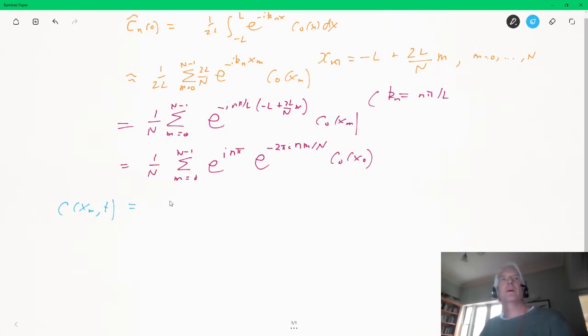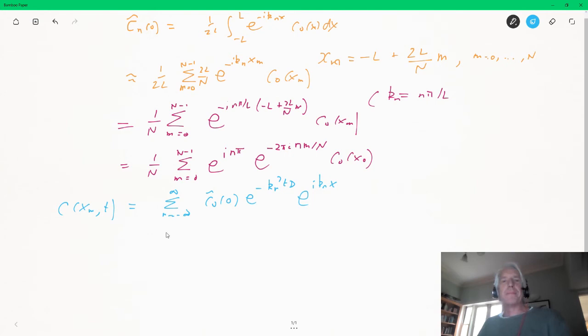So going back to our formula from before, it's the sum from n equals minus infinity to infinity of C naught hat of naught times e to the minus kn squared t b times e to the i kn x.